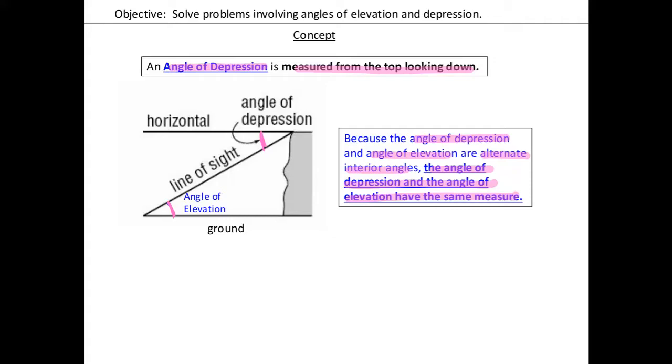I can see my two parallel lines are being cut by this transversal, so the angle of depression and the angle of elevation are alternate interior angles, so they are congruent. Anytime we see a context problem with angle of depression, just know it's basically going to equal the angle of elevation.